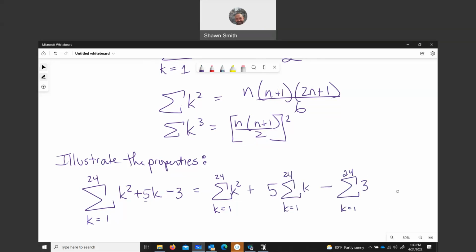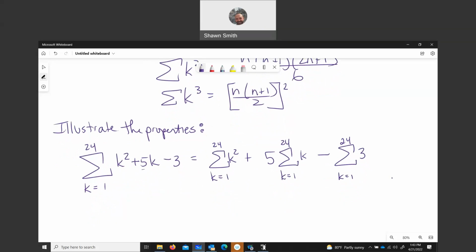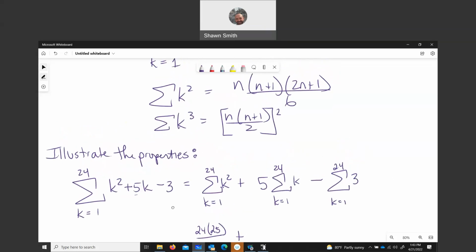And so by hand, n is 24, n plus 1 is 25, divided by 2. This is 5 times, oh, I'm sorry, this is the wrong formula. I'm looking at k to the first power, k squared.